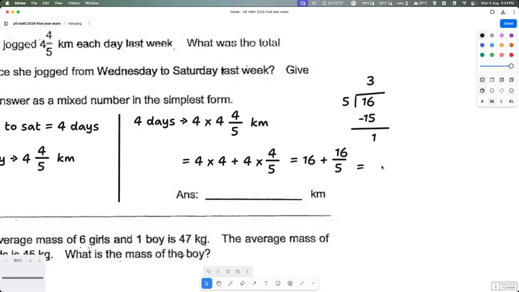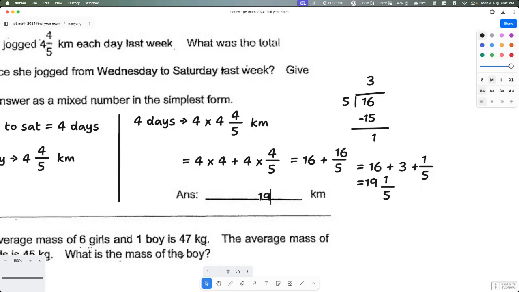So that means 16 over 5 is equal to 3 plus 1 over 5, because your remainder is your numerator. And finally, this will then become 3 1/5.